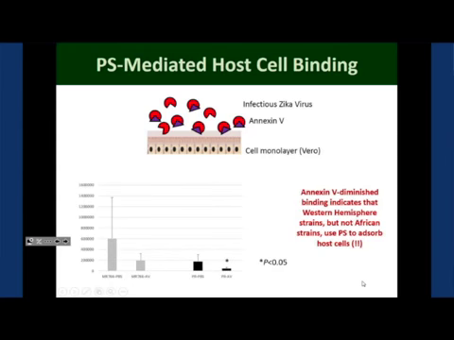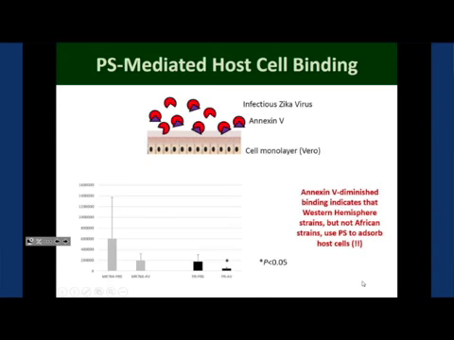And guess what we found? This has all the hallmarks of an 11 p.m. modification, because that's when I finished doing these stats and I danced around my kitchen a bunch. This tells you how hot off the presses these data are. So when we looked at annexin 5 and we absorbed it to the African strain of Zika virus, we had no difference in infection.